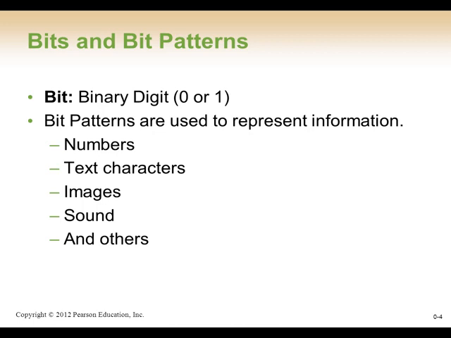We're going to have numbers, text, images, sound, and other stuff. So anything we talk about that is digital is going to be in 0 and 1 format. So when we're talking about digital photography, or movies which are digital, that is going to be turned into zeros and ones.